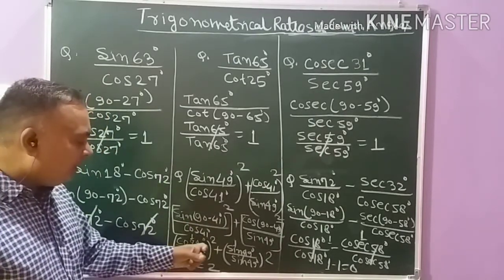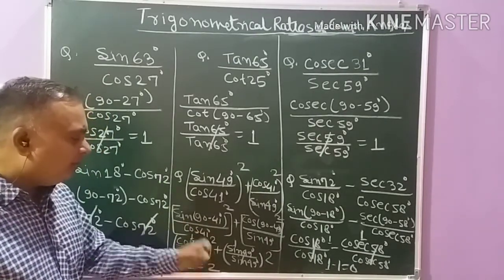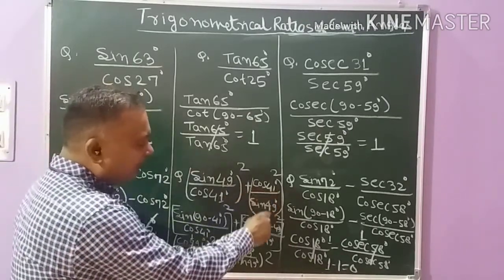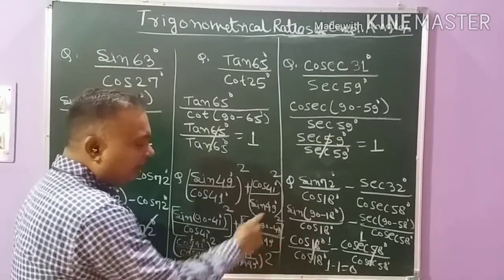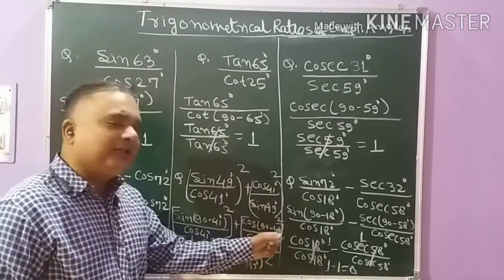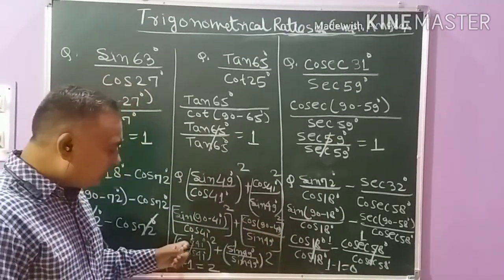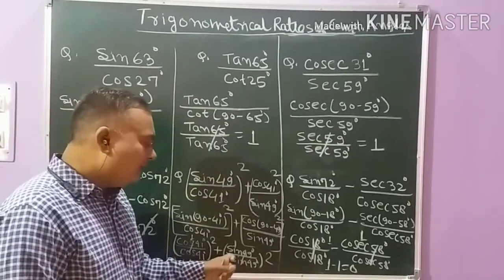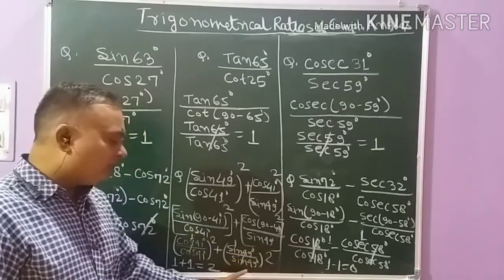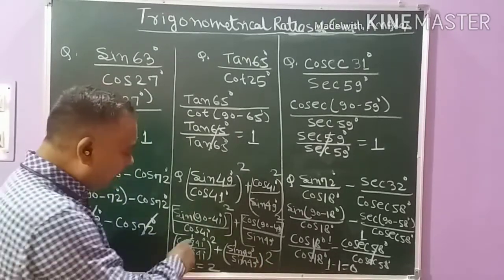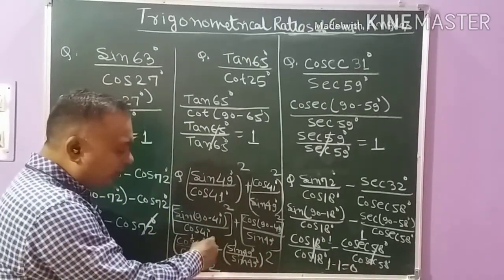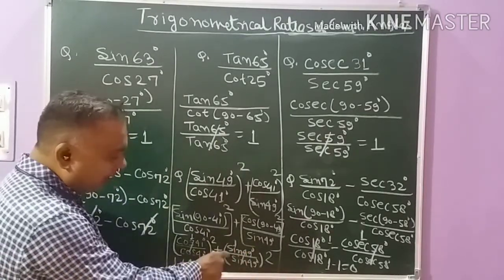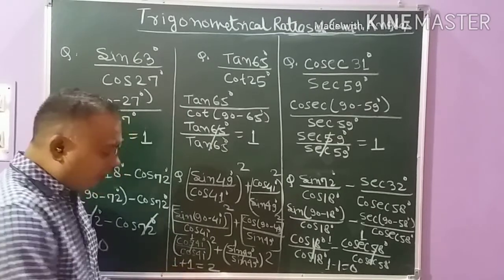So cos 41 upon cos 41 whole square plus, here again cos 41 is written as 90 minus 49 degree, and cos 90 minus theta is sin theta. So that is cos 41 degree upon cos 41 degree whole square plus sin 49 degree upon sin 49 degree whole square. Now both cancel. So the square of 1 is 1, again the square of 1 is 1, and both are added. So 1 plus 1, what is the answer?